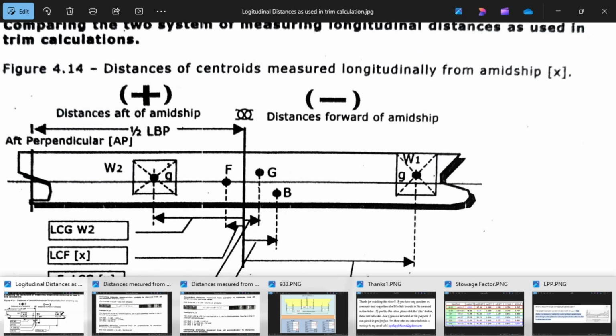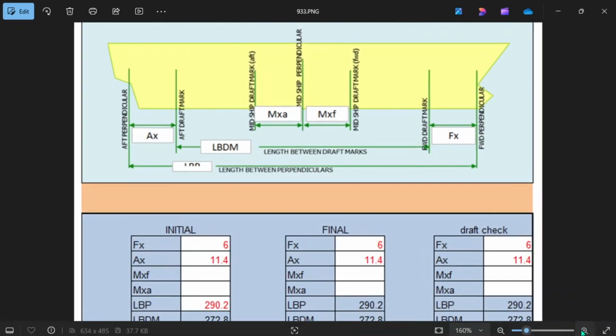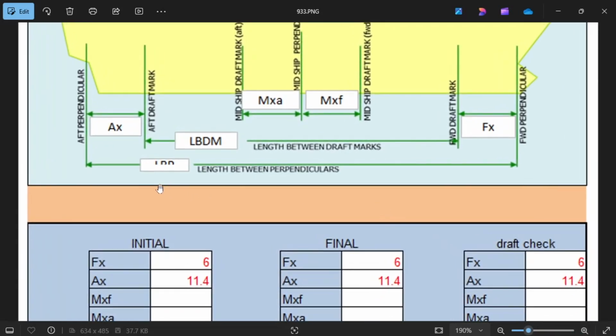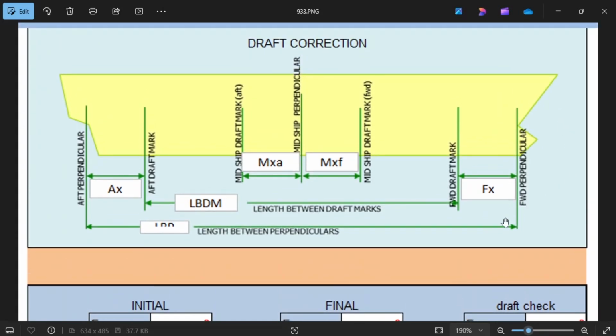The ship's perpendiculars are this: the aft perpendicular and the forward perpendicular.